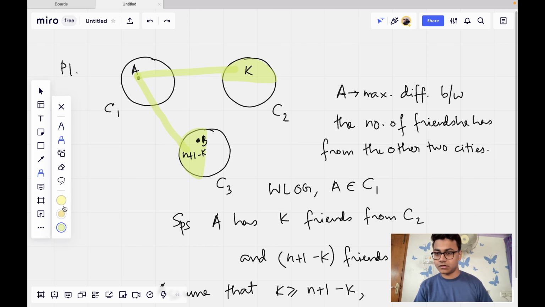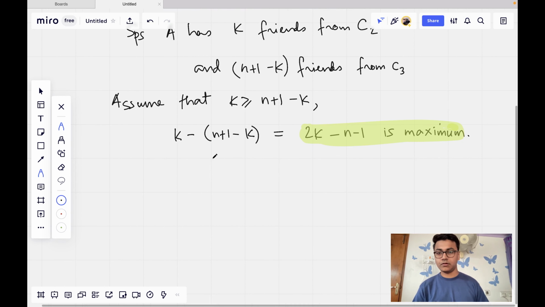We'll use a highlighter for that too. Here there are n minus k people, so B can be friends with at most n minus k people from C2. We will write that down.